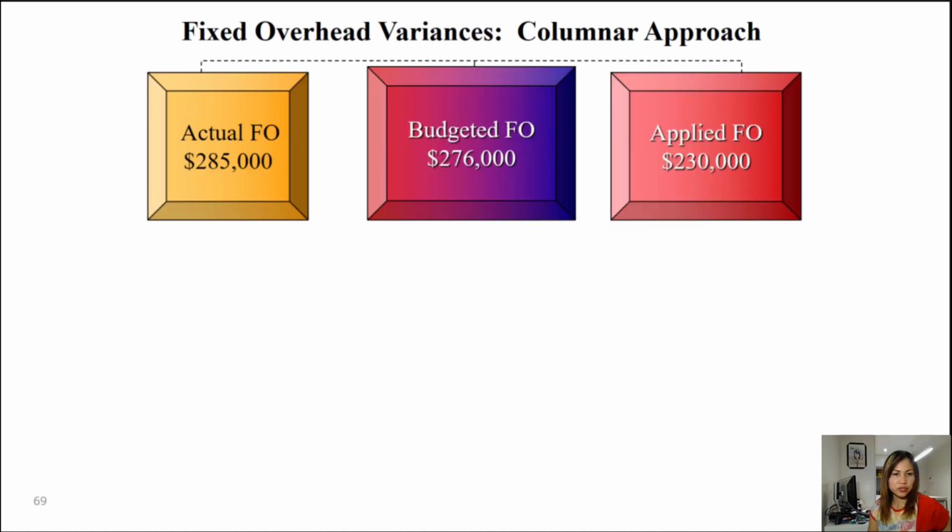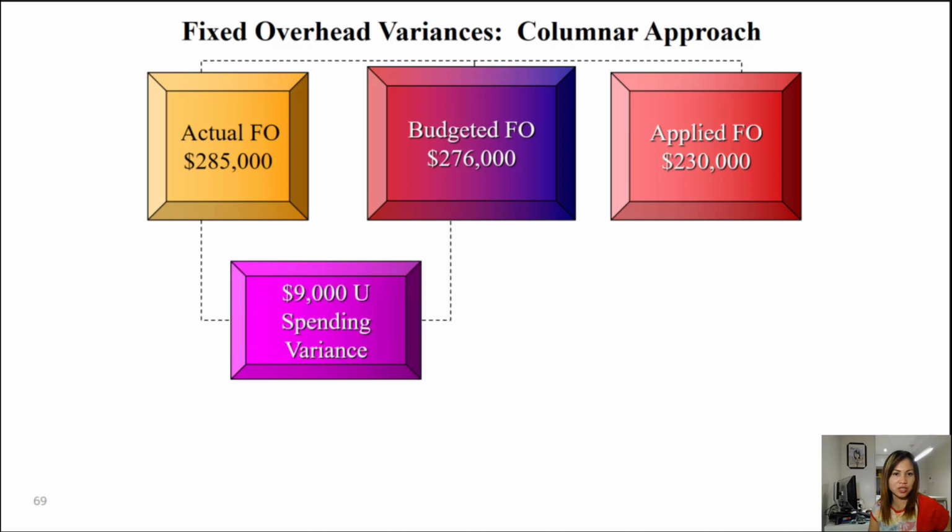So the actual fixed overhead cost is 285,000, budgeted is 276,000, applied is 230,000. The actual compared to budgeted will give you spending variance. It is unfavorable because you spent more than you budgeted.